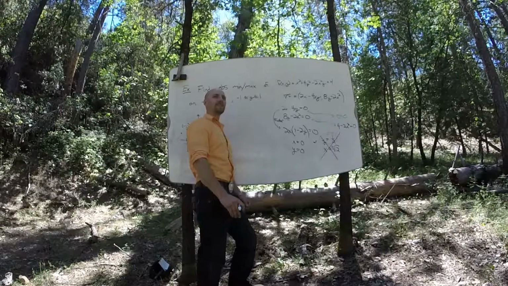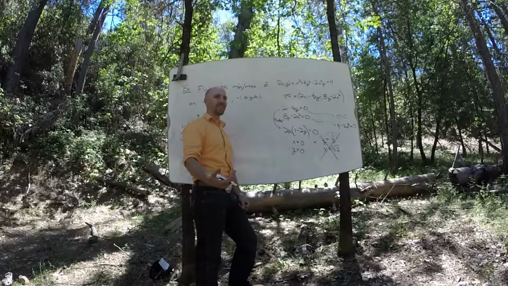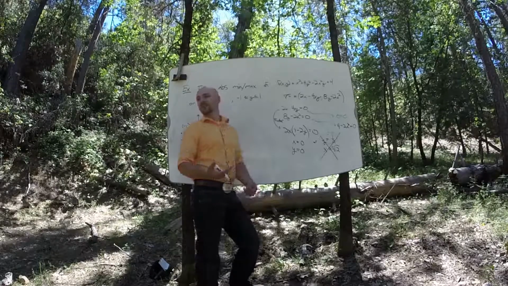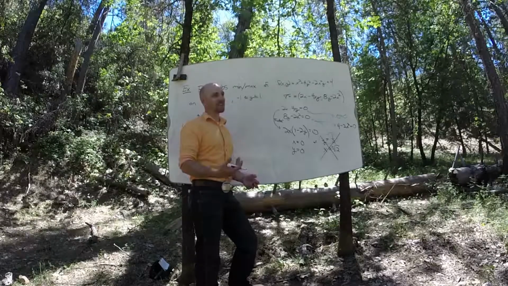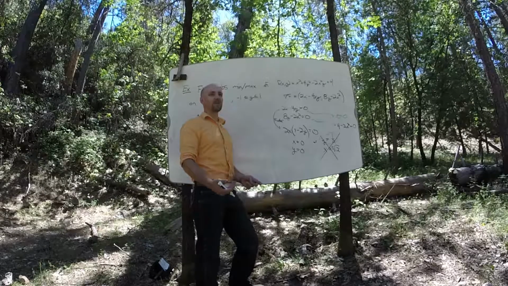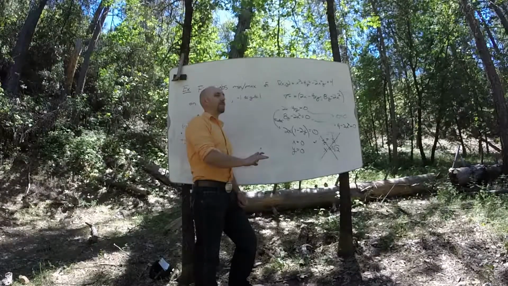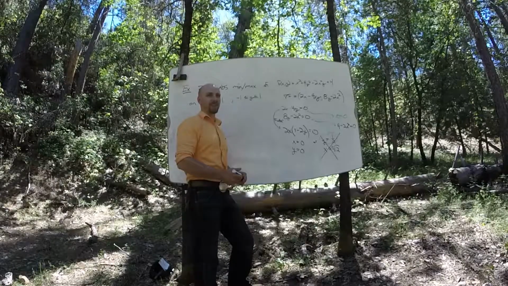You guys see that? Even if I knew this thing was a max, it's only locally a max, right? That's all that D is going to tell me. It's going to tell me is this locally a max or locally a min or a saddle. Knowing it was a saddle would stop me, right? I wouldn't worry about this point anymore. But knowing that it's a max or a min wouldn't help me here.